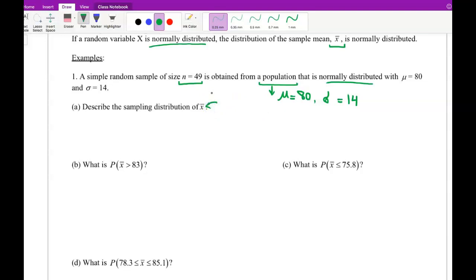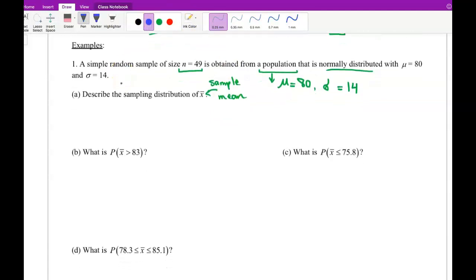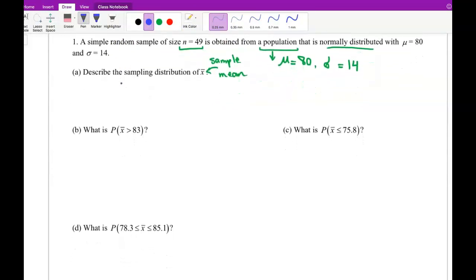Exactly the same as the previous page: the population mean is 80 and the standard deviation is 14.